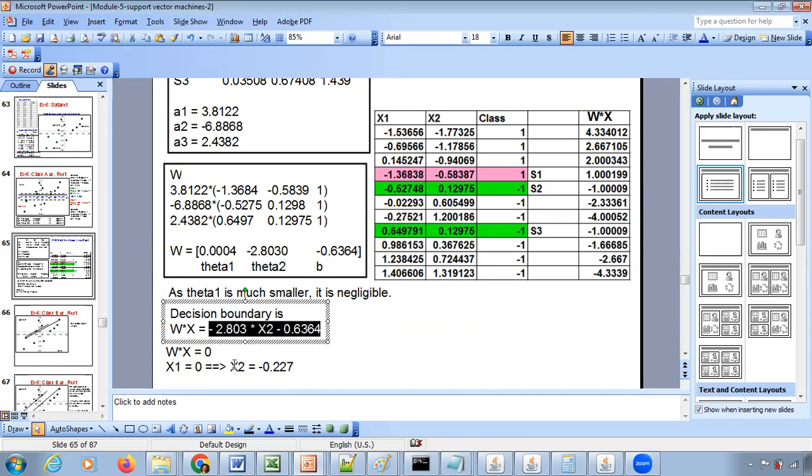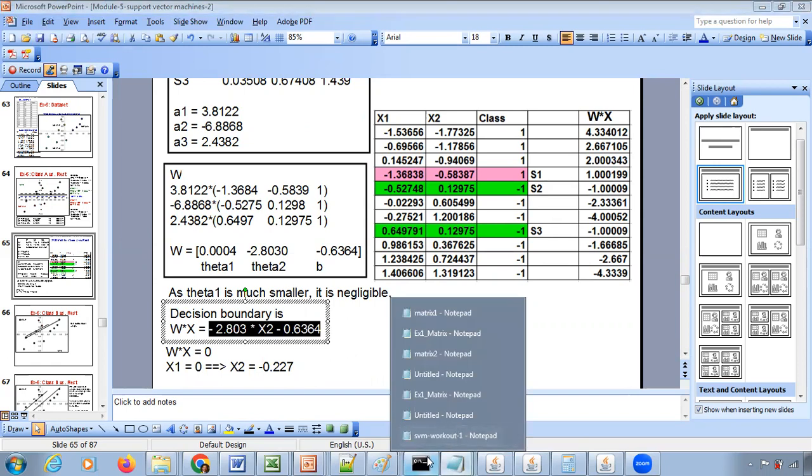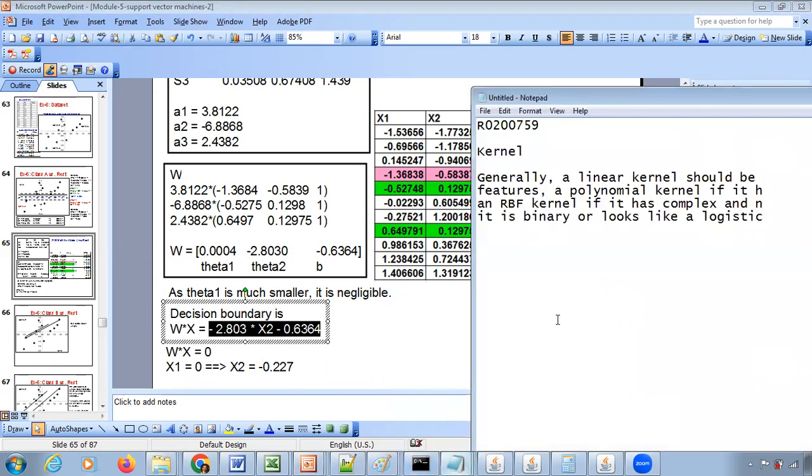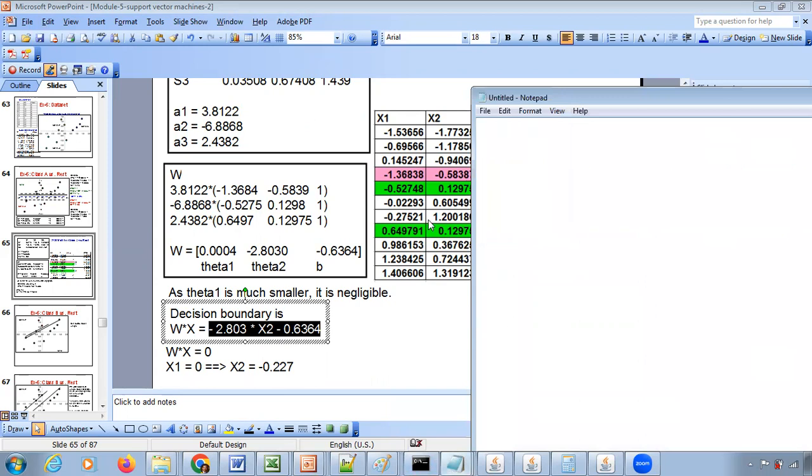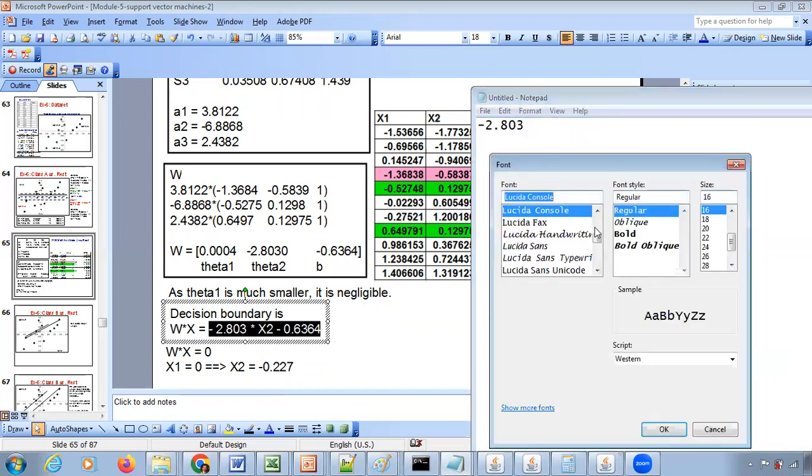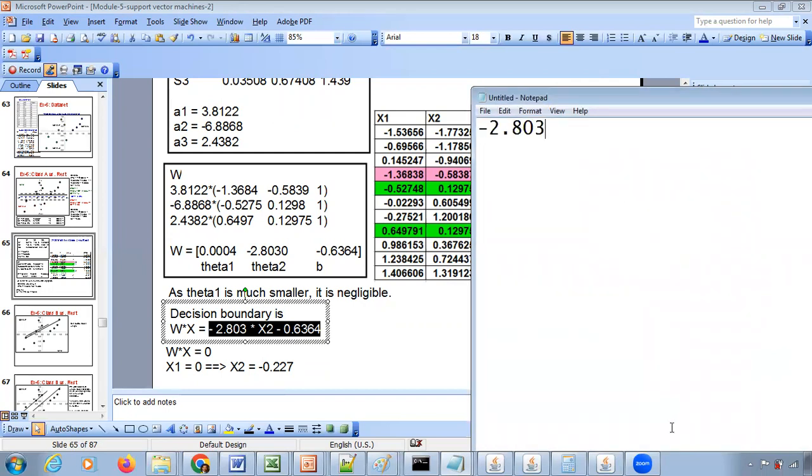So it's basically negative 2.80 times x2 minus 0.6364 equals 0.